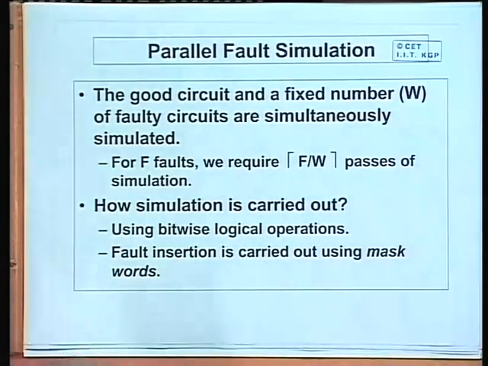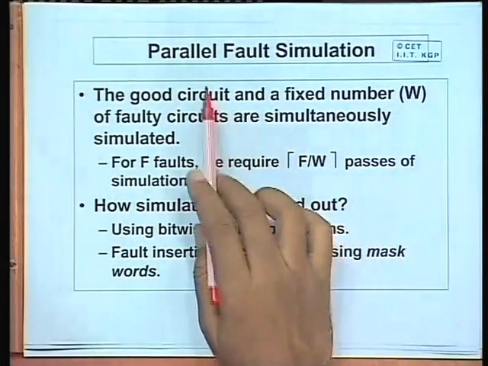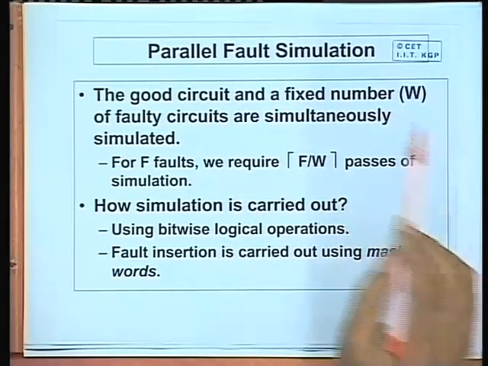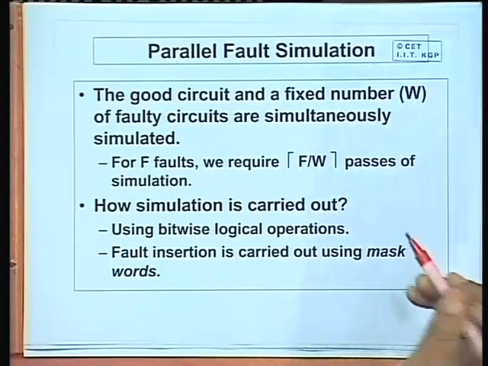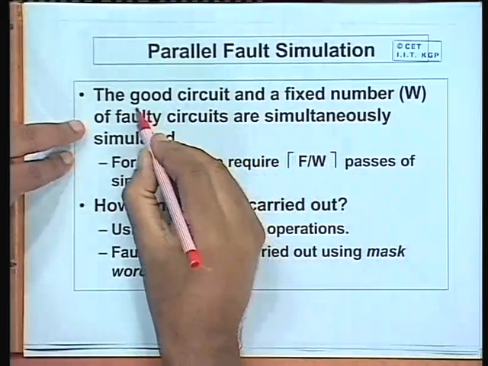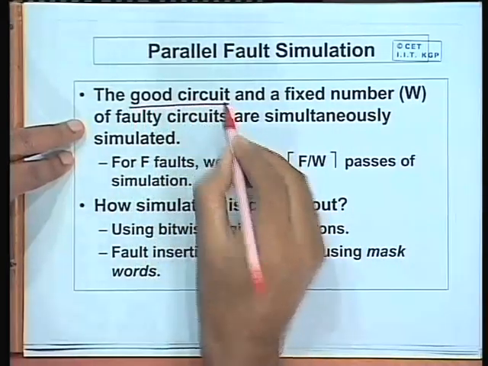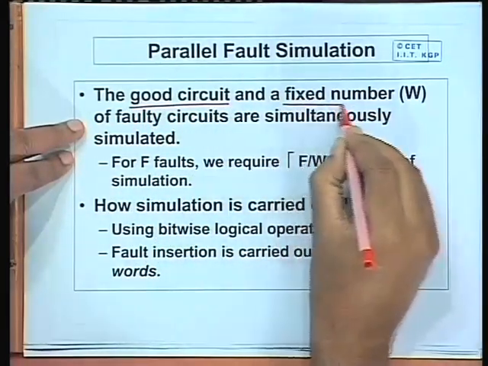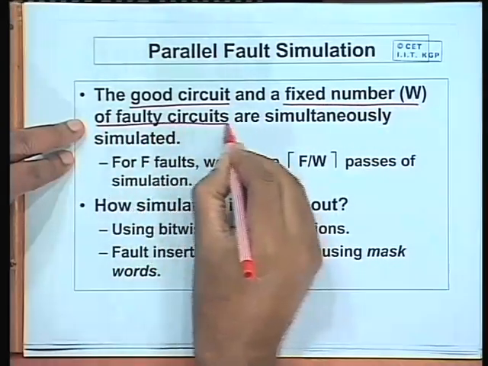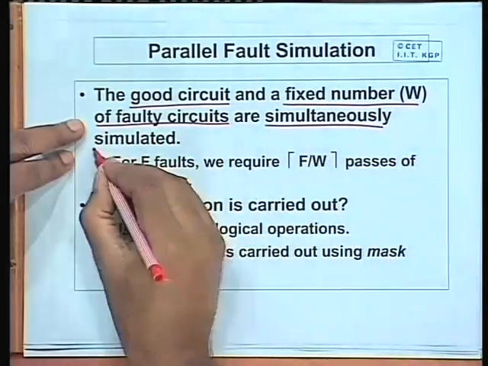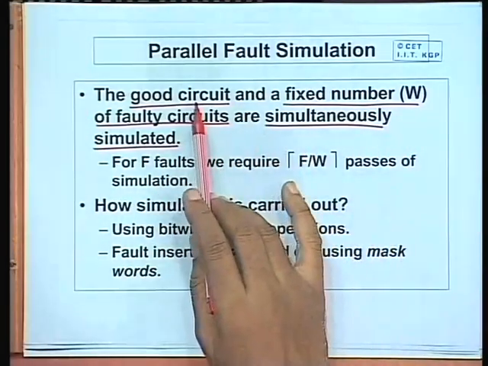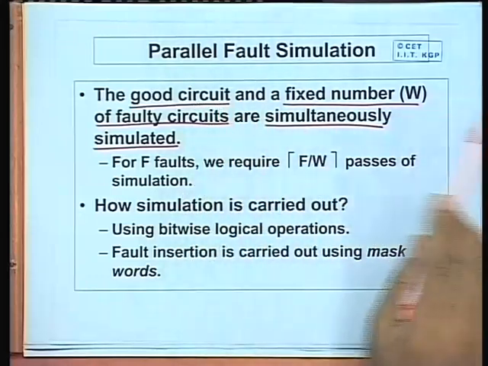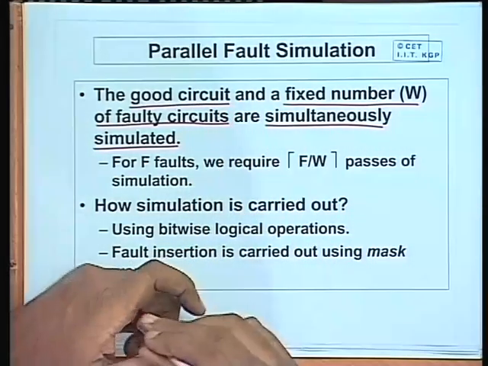Now, let us see what this parallel fault simulation means. This is a method to speed up the process of fault simulation. Here it says the good circuit and a fixed number of faulty circuits are simultaneously simulated. We will see how. So, in the normal scenario, you can simulate only one circuit at a time.